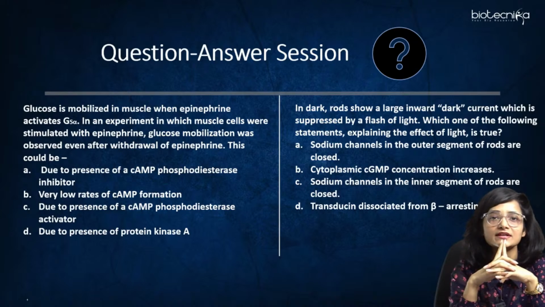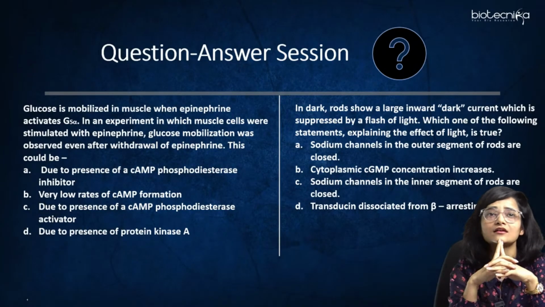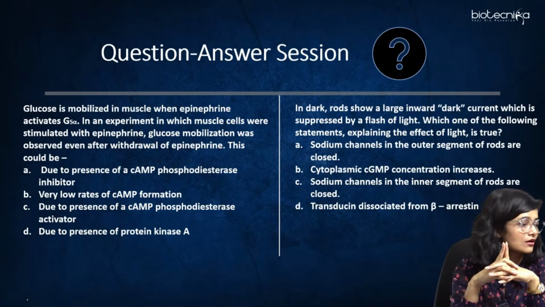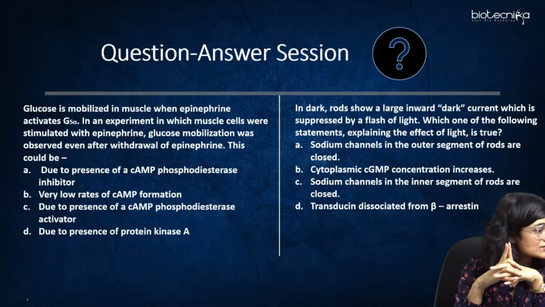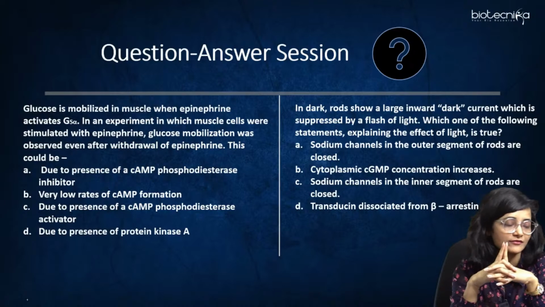Okay, Mahima says due to the presence of protein kinase A. Video zone says option C, due to the presence of cAMP phosphodiesterase activator. Devanshi Soni says A. Amala says C. So different options are coming for this.